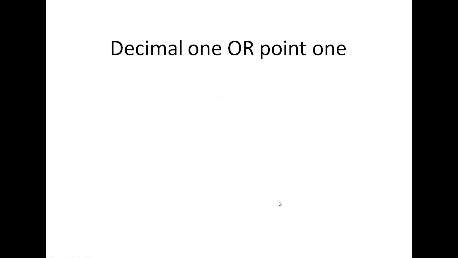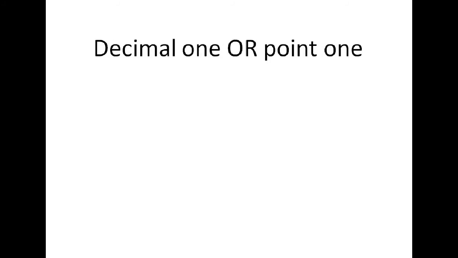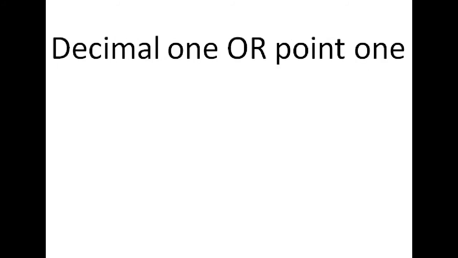You have to write 0 on the left side of the decimal, like this: 0.45, 0 and 45, that is 45 hundredths. Decimal 1 or 0.1, it means we are talking about the same number.